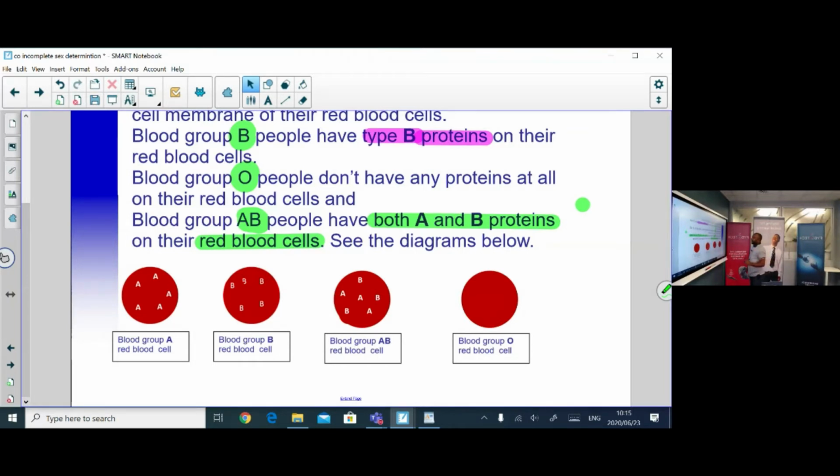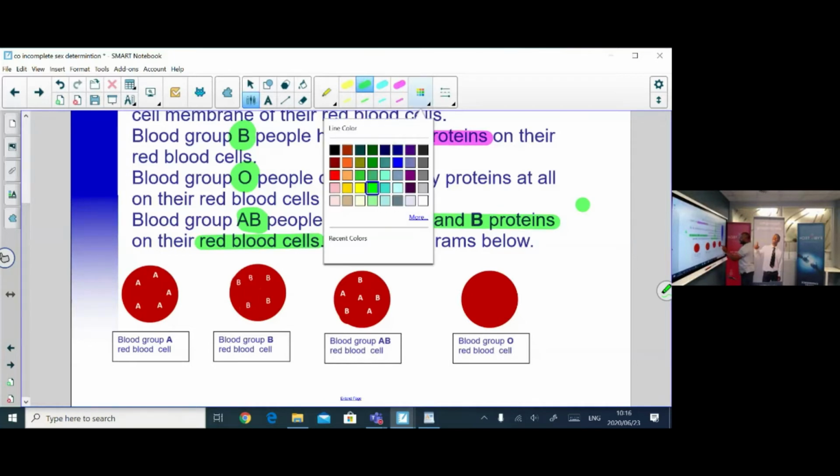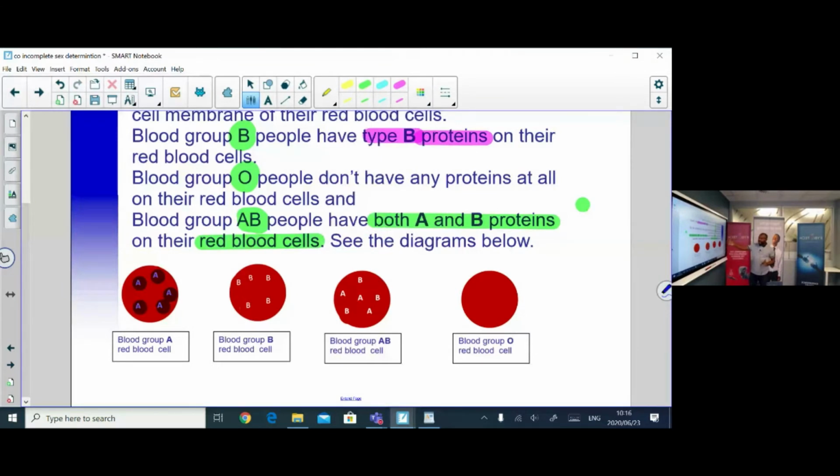All right. So as I've said, blood group A red blood cell. You see the A proteins on the membrane of the red blood cells to give us blood group A. Same applies to B. The membrane has got B protein.